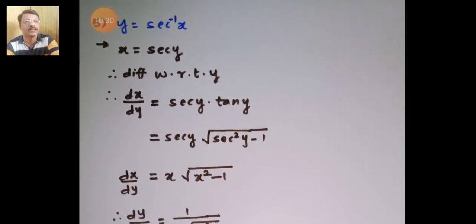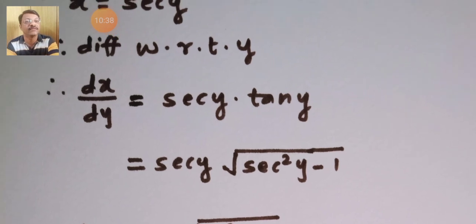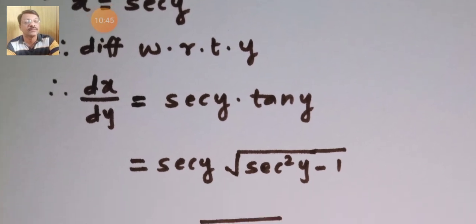See, y is equal to sec inverse x, written as x is equal to sec y in the beginning. Then differentiating with respect to y, we get dx by dy is sec y tan y. Now we don't have any problem with sec y because sec y is x. The term we should consider is tan y. Tan y is root of sec square y minus 1.